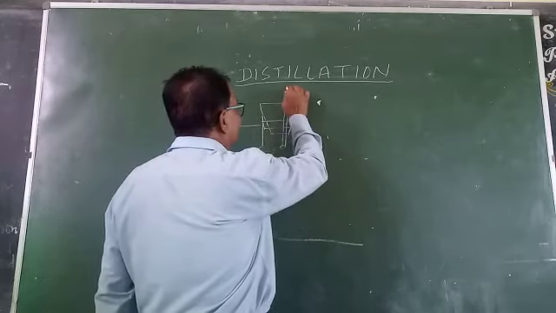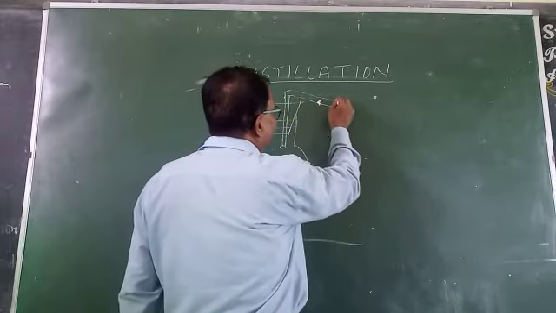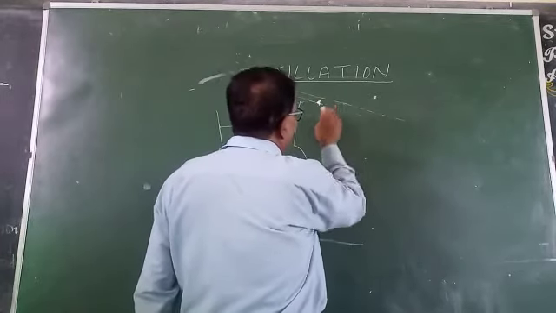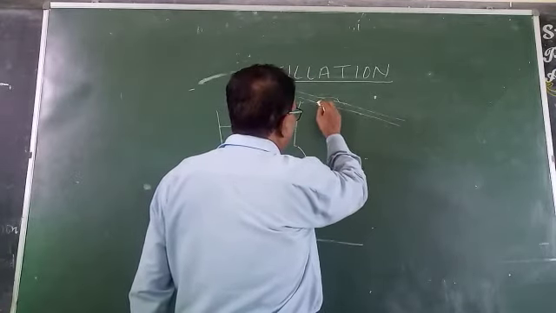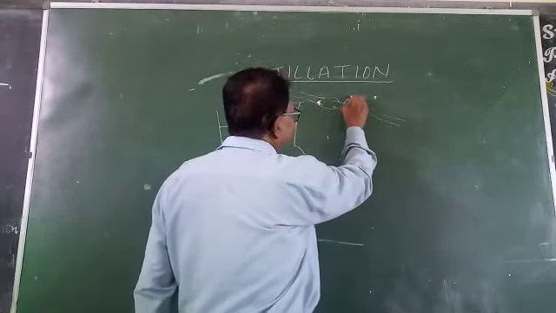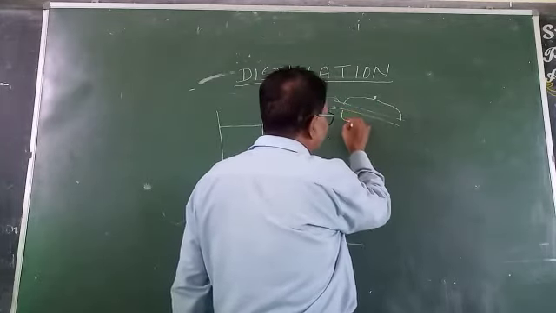This delivery tube is connected with a condenser by rubber tube. This is the figure of condenser.